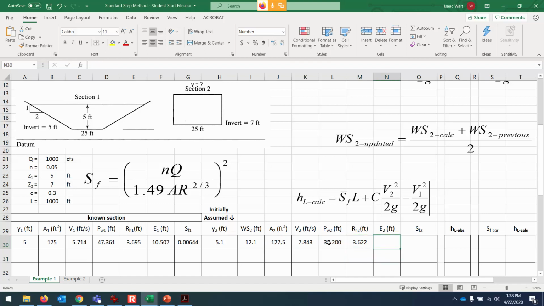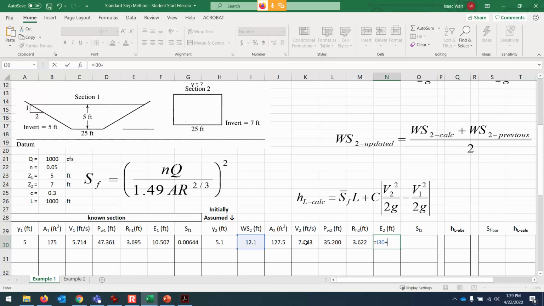And then the E2 is going to be the velocity head and the depth combined with the elevation above the datum. So those two things combined are the water surface. And so for E2, I can just say water surface 2 plus the velocity head.